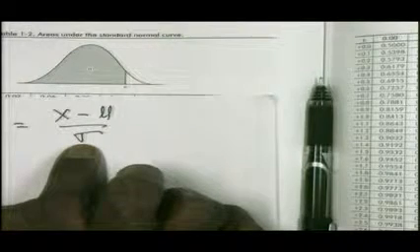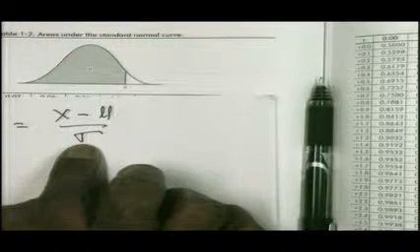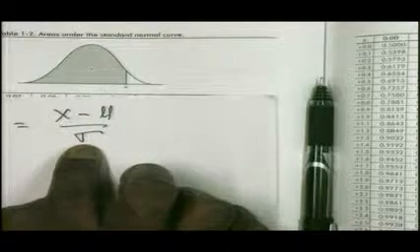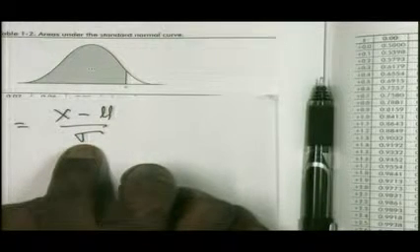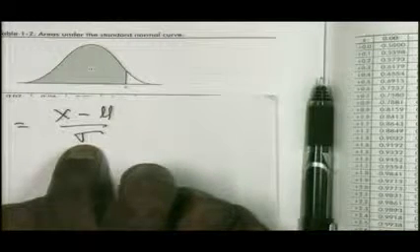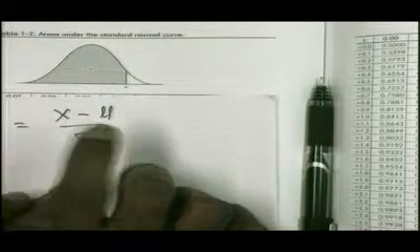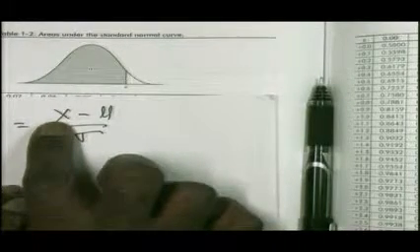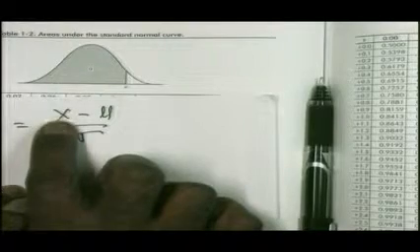Follow me? Then from my board, where all of you can see, 0.225 is my upper specification limit. I'm going to substitute 0.225 here. This will be my upper Z.